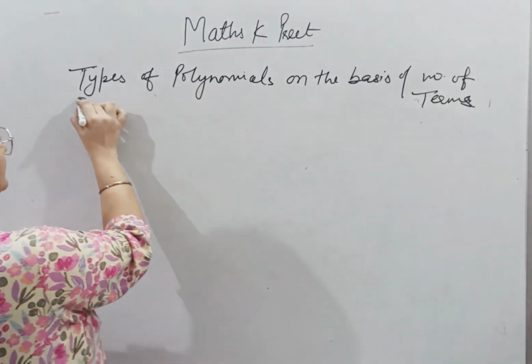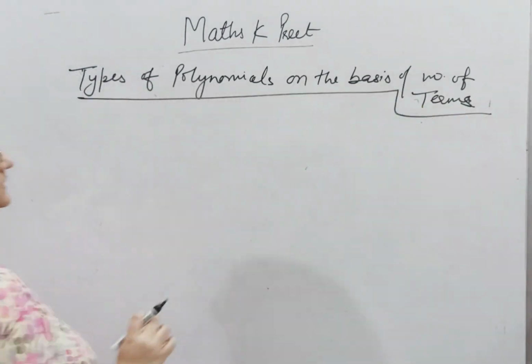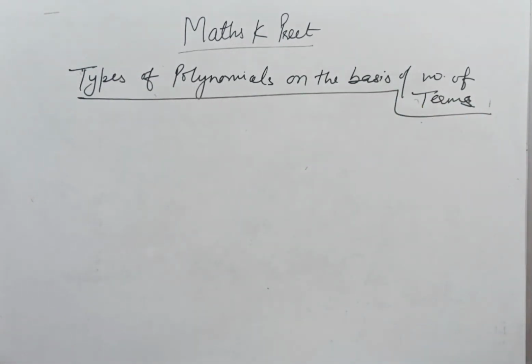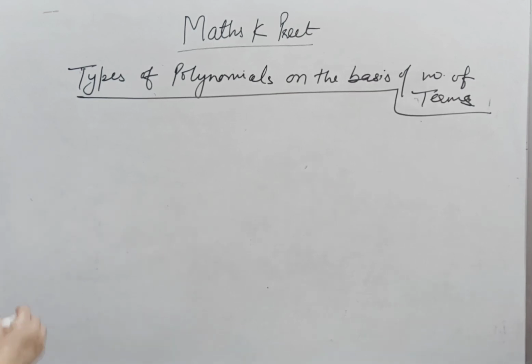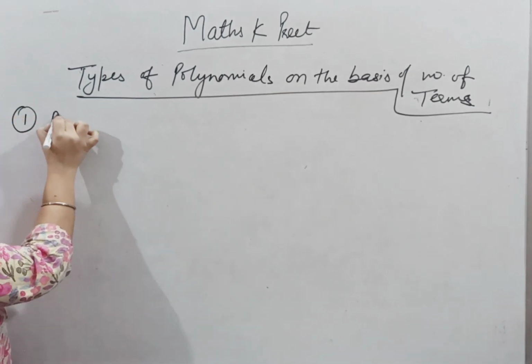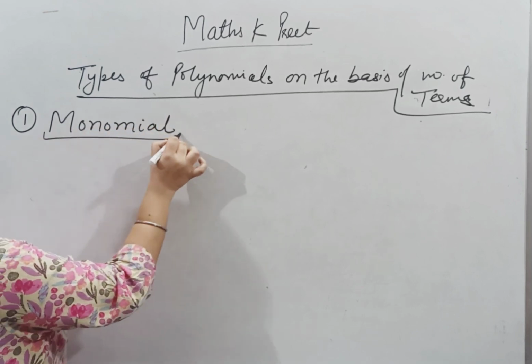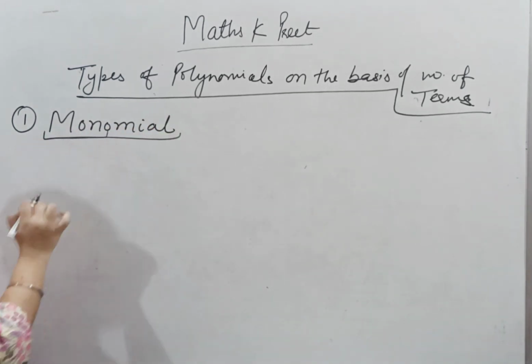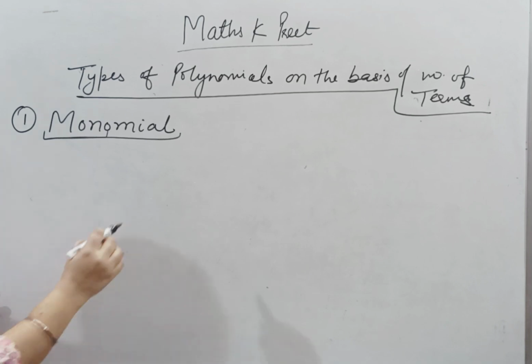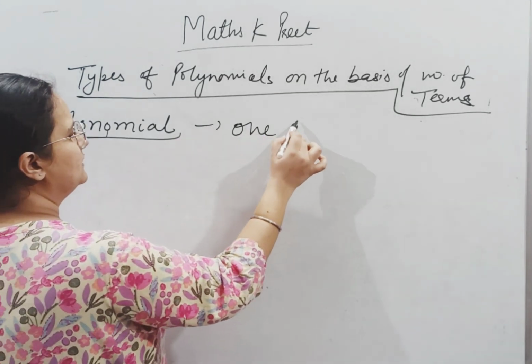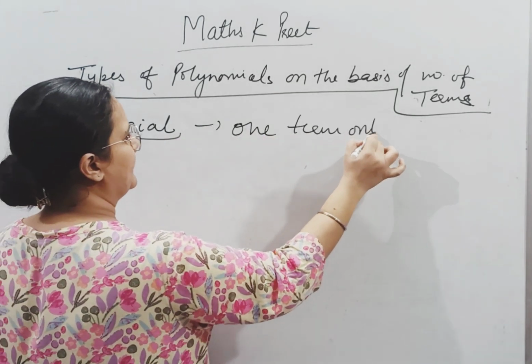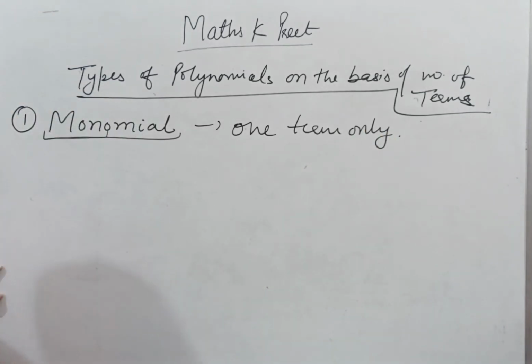How many terms a polynomial has divides it into many names. So I am writing here. First is monomial. Mono means one, single. A polynomial having one term only. A polynomial having only one term is known as a monomial.